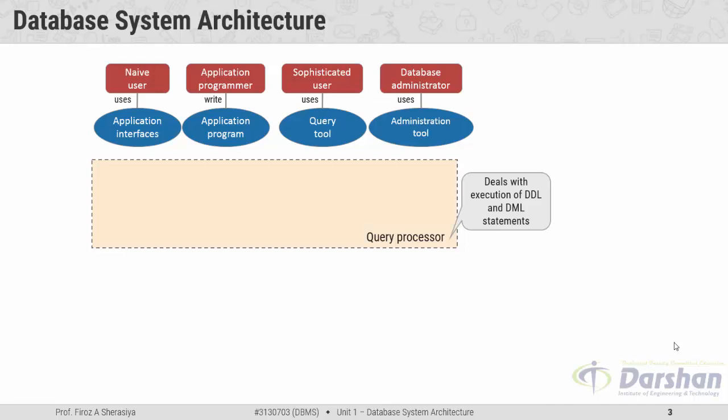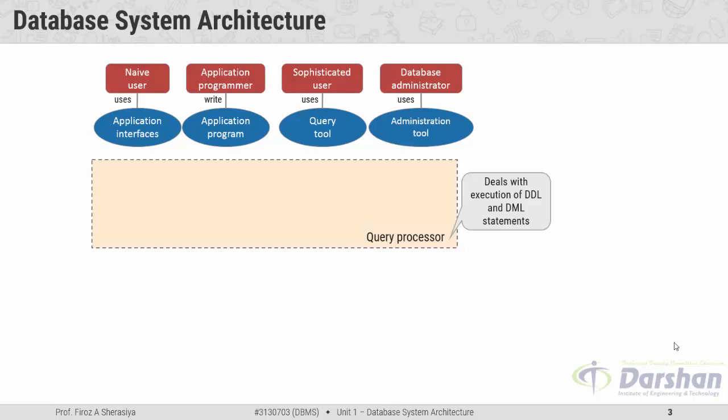Then what is DML statement? The full form of DML is data manipulation language. The queries, or we can say statements, which are used to manipulate the table, or we can say data, come under DML statement. Examples of DML statement are insert, update, delete, etc. So the query processor will simply execute the DDL and DML statement.